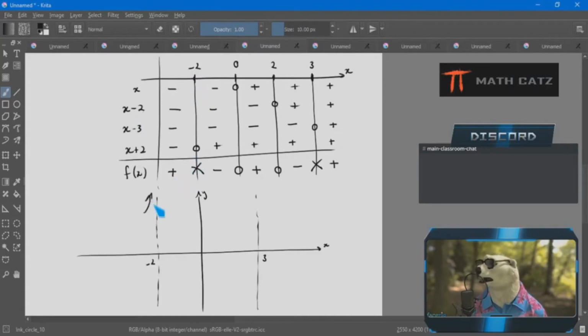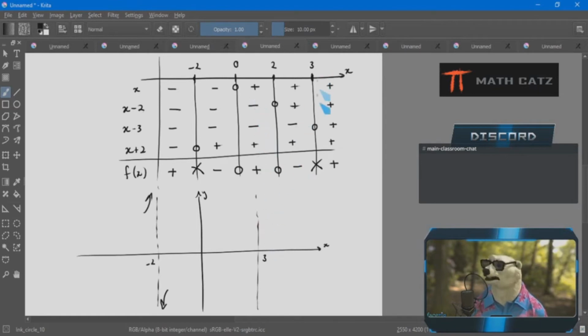I know it's going to be either going up or going down. The going down ones have negative y values, so it can't be going down. It has to be going up to fit with my table having positive y values. Just to the right of negative 2, I have all negative values, so it has to be that arrow. I know it's one of the two because I've identified it as a vertical asymptote. Otherwise, this wouldn't work. Which one is it? Well, this table tells me exactly.